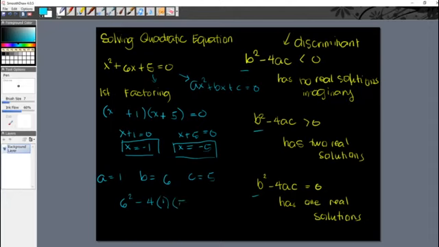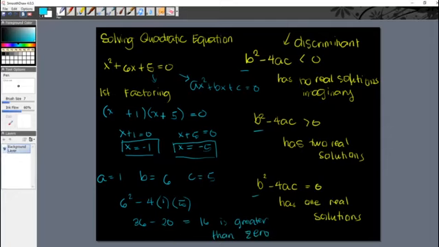This is equal to 36 minus 20, if I'm not mistaken. What is 36 minus 20? I think that's 16. And you know that 16 is greater than 0, right?